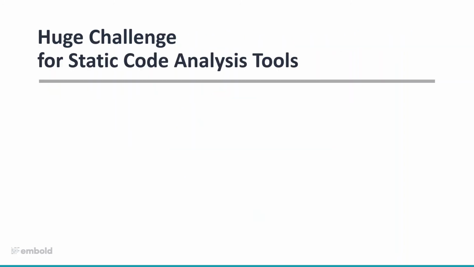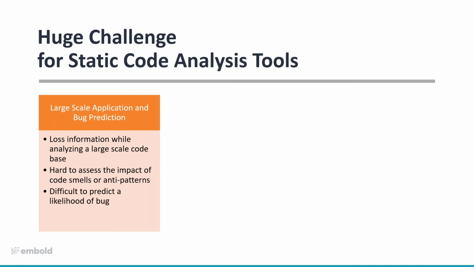So there are a few challenges faced by static code analysis tool providers. One is large scale applications, where some information may be lost. Because now the technologies come into microservices, cloud, everything, so it's really hard to analyze everything as one piece.